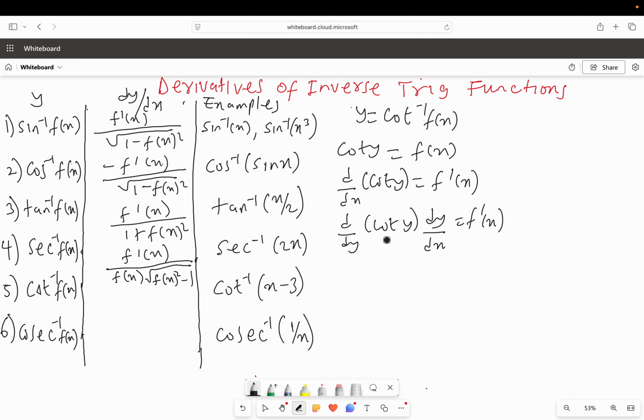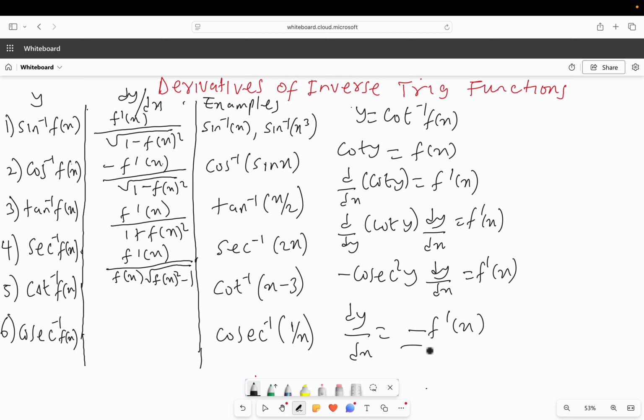So if I differentiate cot y, I will just have minus cosec squared y dy dx is equal to f prime of x. If I divide both sides by minus cosec squared y, I will have my dy dx to be equal to minus f prime of x divided by cosec squared y.